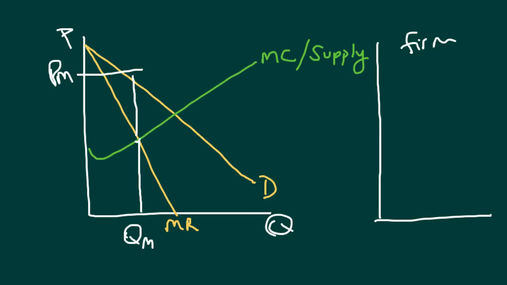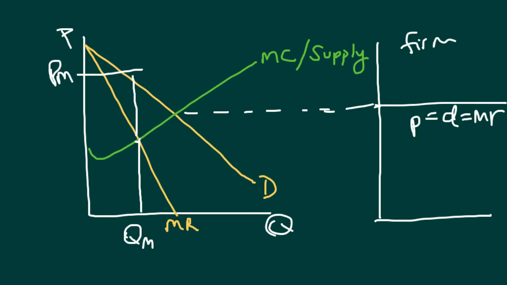If we think about perfect competition, here's your demand curve for the market. Remember, this is the demand curve for the market and the firm for a monopolist. But for perfect competition, it's the demand curve for the market. This would be our supply curve of the market. And then that determines the thing we're used to seeing over here: the price equals the demand curve equals the marginal revenue.